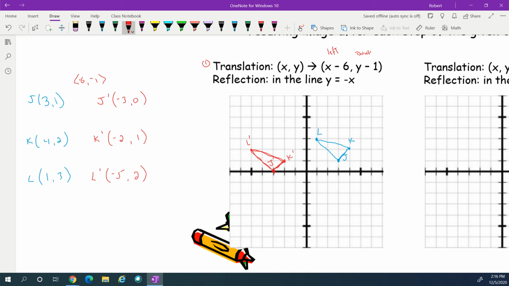Step 2. We're going to reflect over the line y equals -x. So I might want to see that line, y equals -x. And again, we have to be able to graph that. Y equals -x.